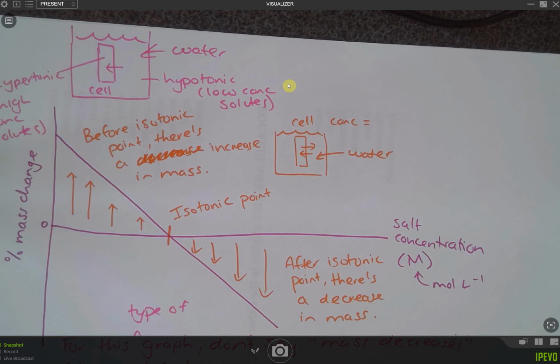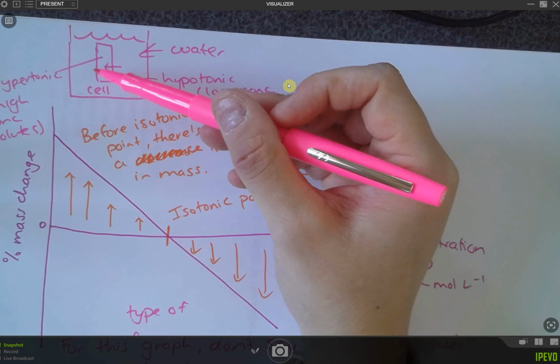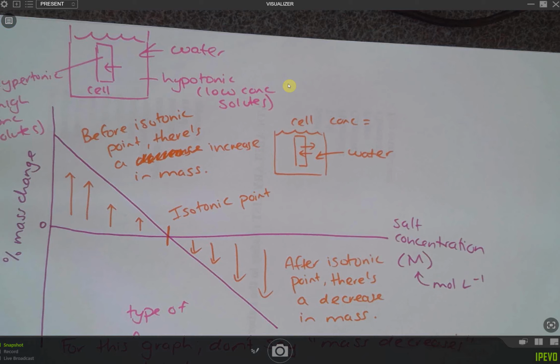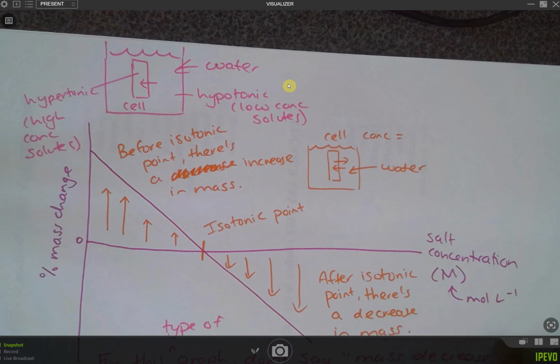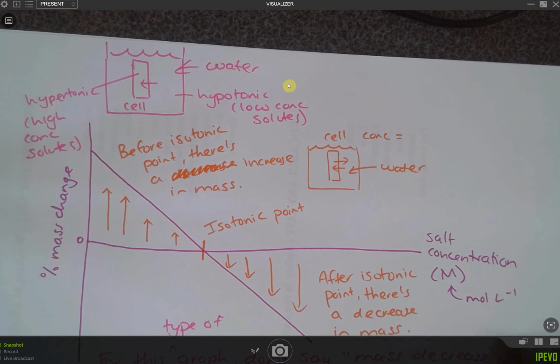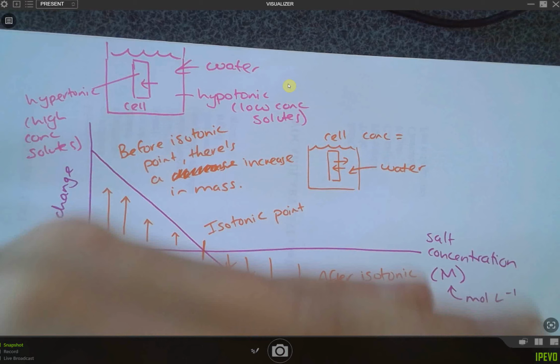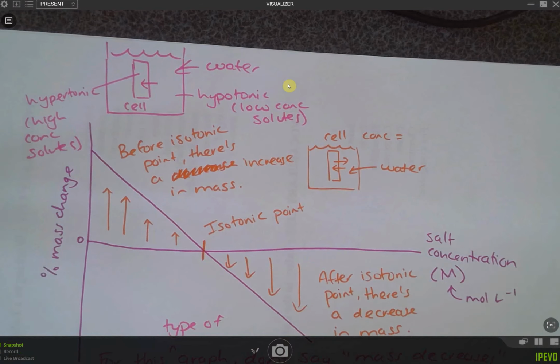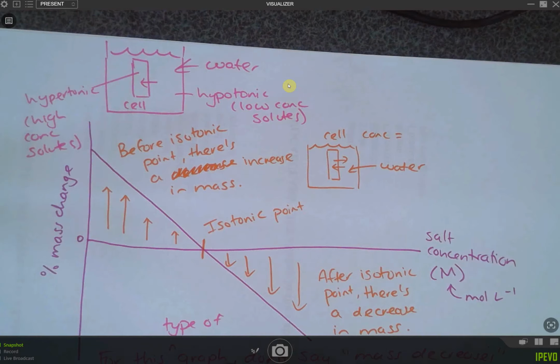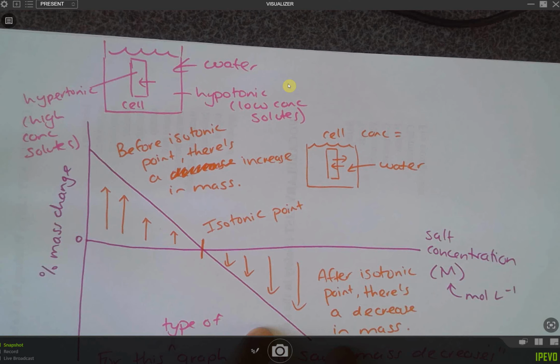So this has a high concentration of water, so it's going to go into the cell, which has a lower concentration of water. Does that make sense, Juliet? Yeah. Okay. All right, when I get to the isotonic point, there's an equal concentration of the salt, so it's going to move in and out at the same rate, so there's going to be no change, and then afterwards, I'm going to get the reverse happening, and the water is going to go out of the cell.